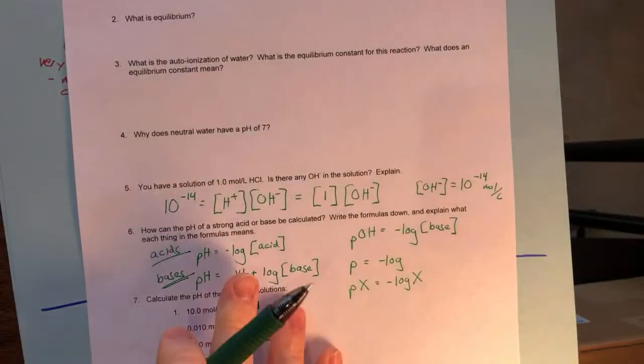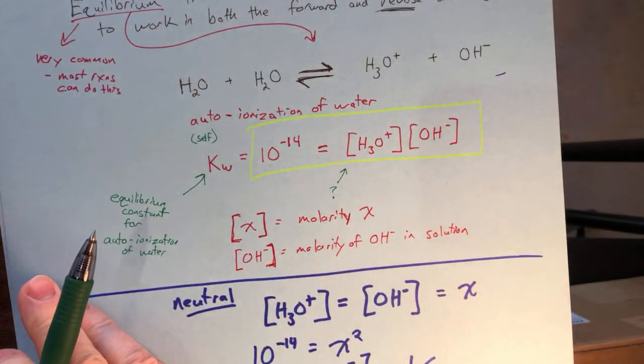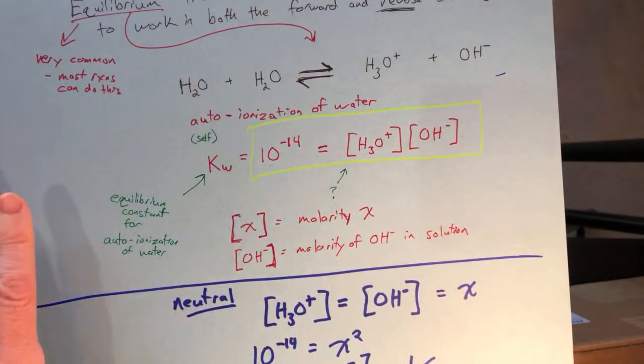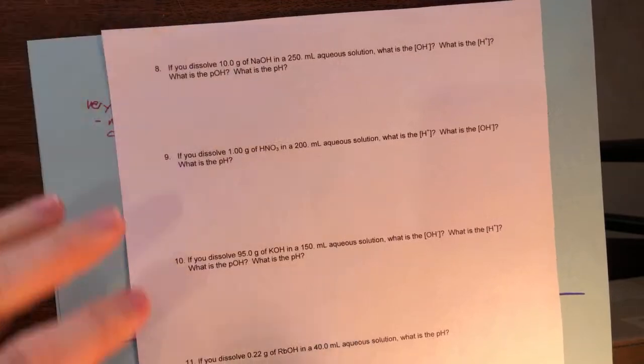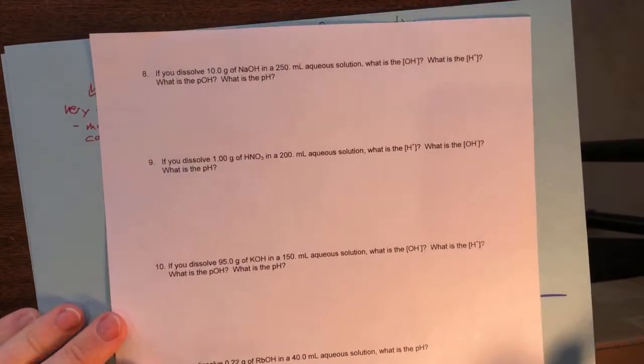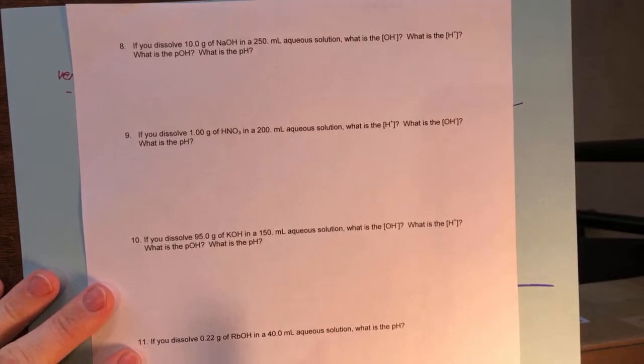Let's end today with one difficult problem, and I'll see what you guys come up with for next time. Okay? So finally, number 8, all right, we've got sodium hydroxide, and I've got a 250 milliliter aqueous solution, all right? And I'm going to go through this fairly quickly, and you guys can do your best to follow along.